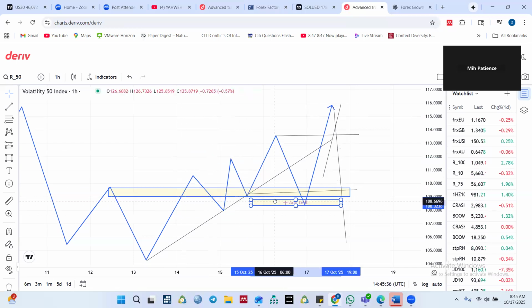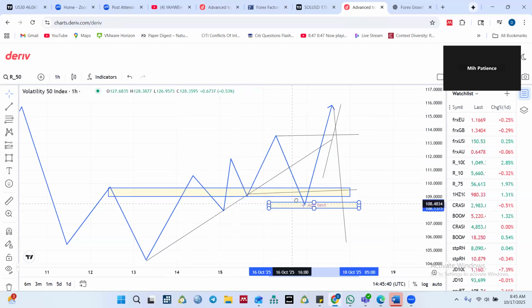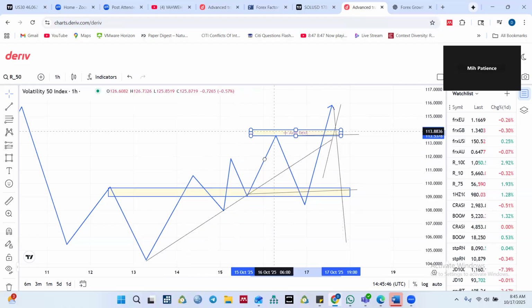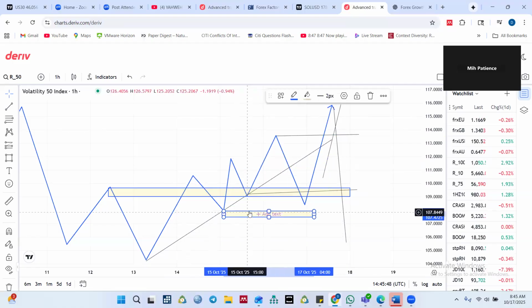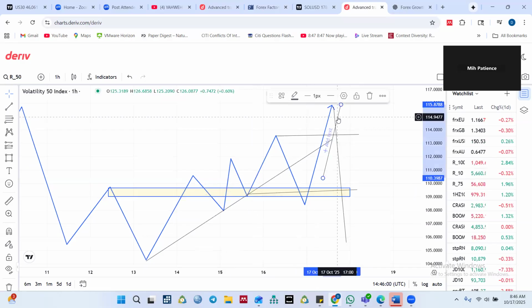Comes back, sweeps all the liquidity, the stop losses that are below here, and then quickly moves up above the resistance, and boom, it will also go up. You get what I mean? So this is the way that it operates and moves. It's simple to understand, but it is complex in the way that they have designed it.